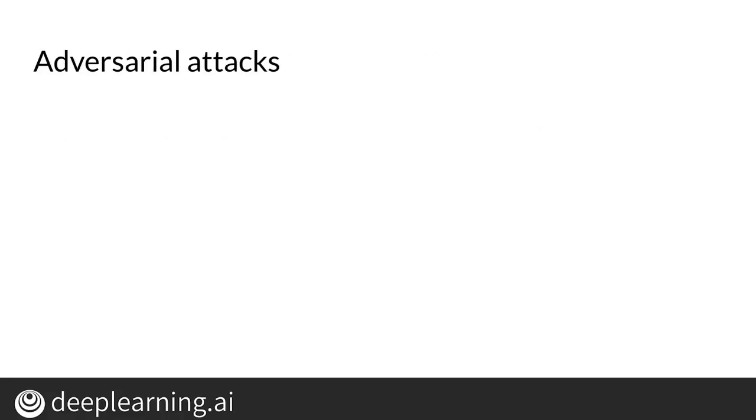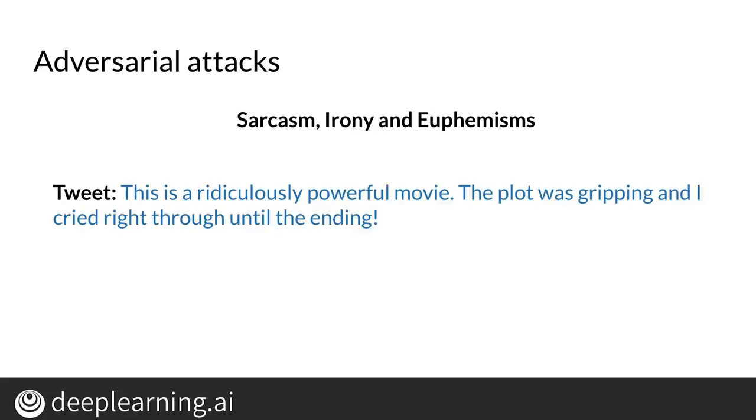Another problem of naive Bayes is something called an adversarial attack. The term adversarial attack describes some common language phenomena like sarcasm, irony, and euphemism. Humans pick these up quickly, but machines are terrible at it. This tweet: "This is a ridiculously powerful movie.